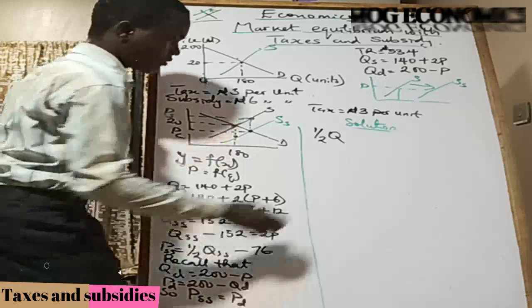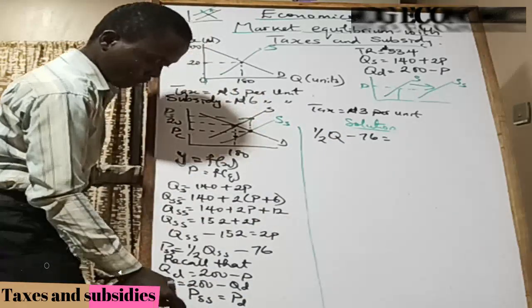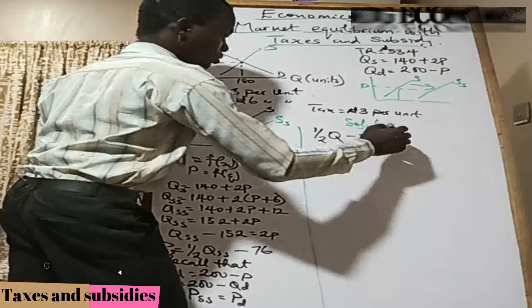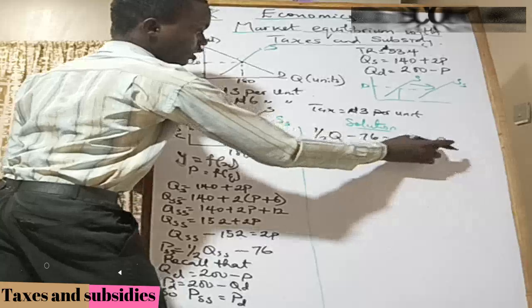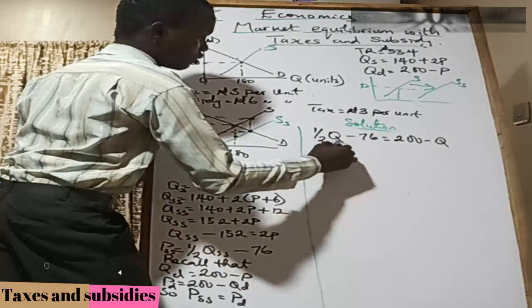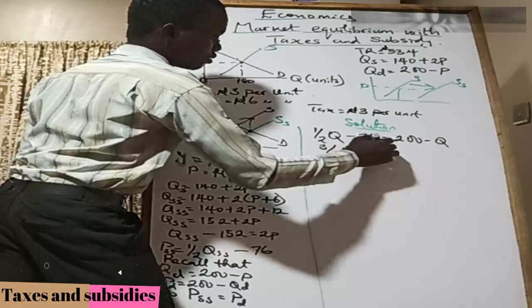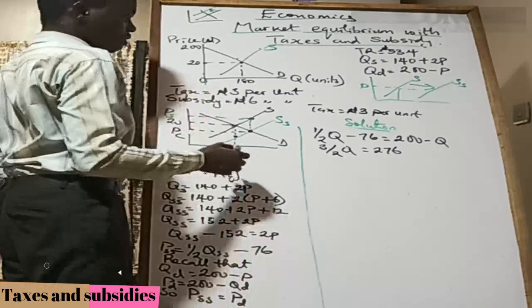So half Q minus 76 equals 200 minus Q. So half Q, when Q comes in, becomes plus Q. So we're having 3 over 2 Q equals 276. Yeah, 200 plus 76, right?